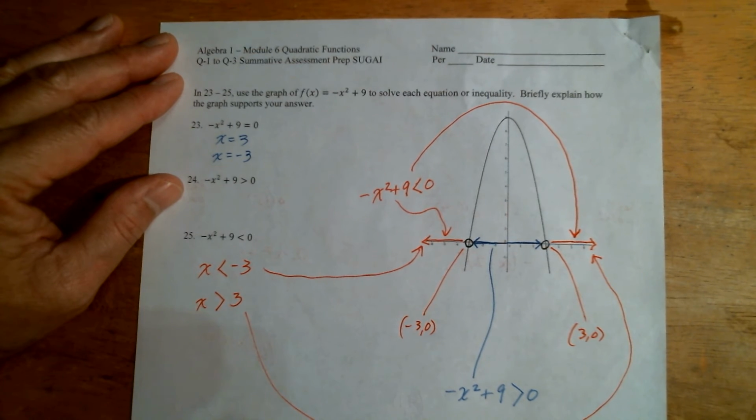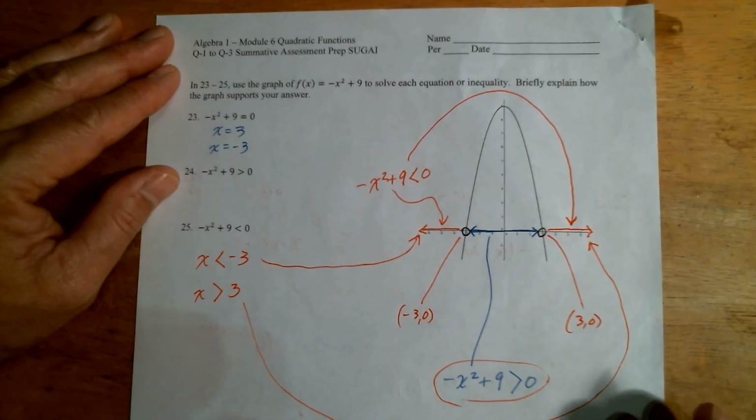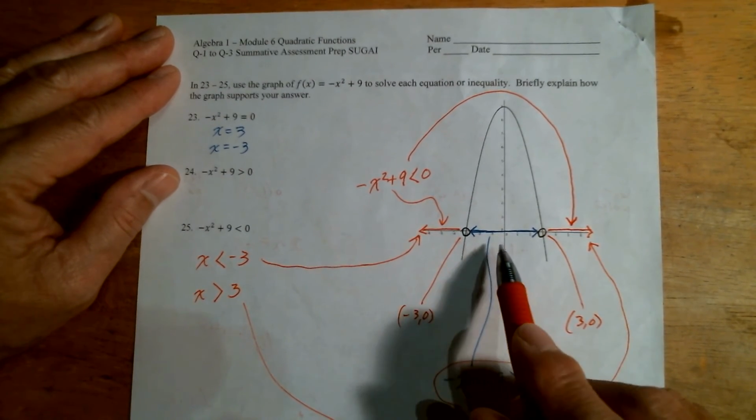Greater than 0. Okay. It's right here. Negative x squared plus 9 is greater than 0.